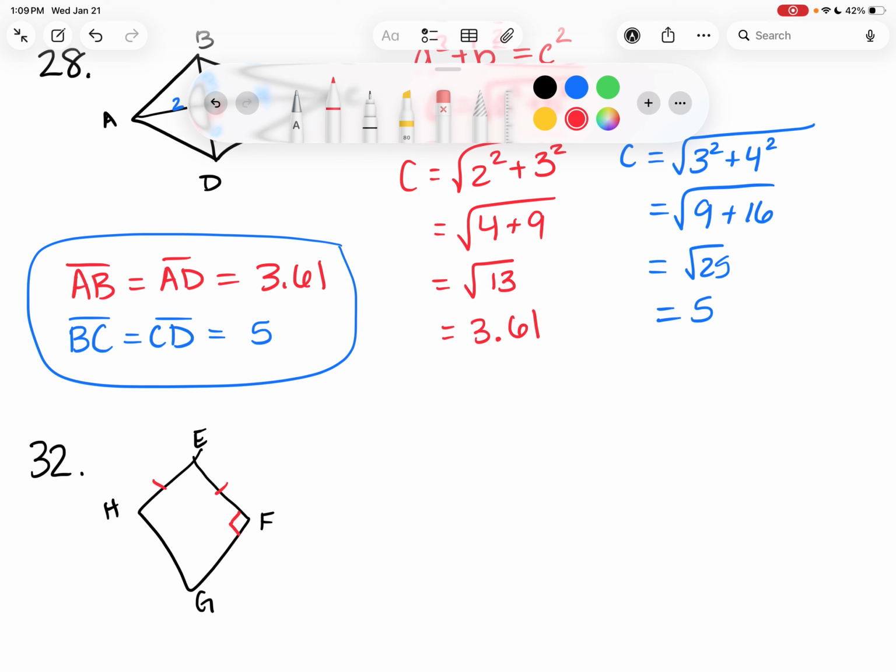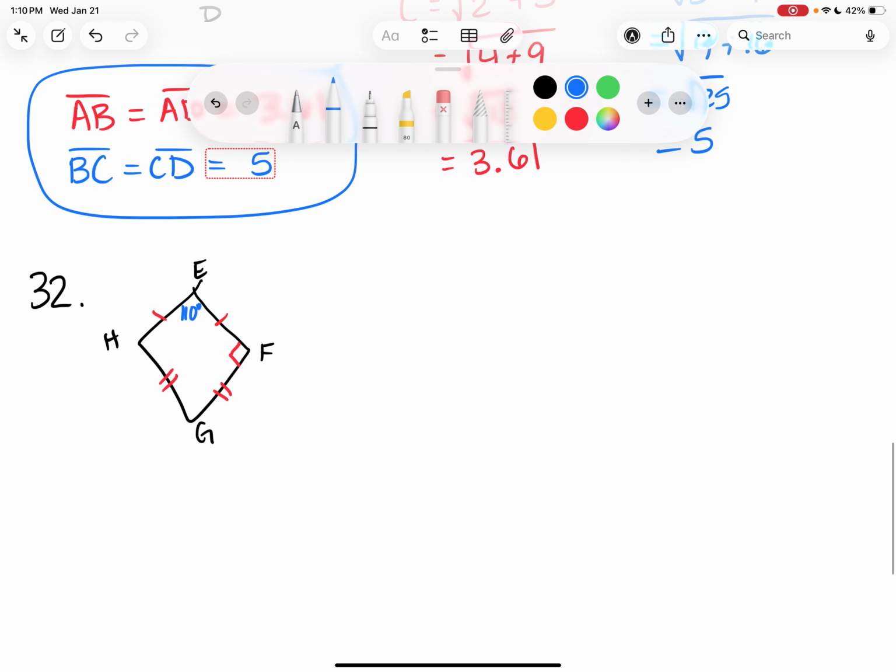Everything I'm marking was given in the problem, so just be aware of that. So angle E is 110 degrees. And then we know that they marked angle F as being a right angle, so that means that's 90 degrees.